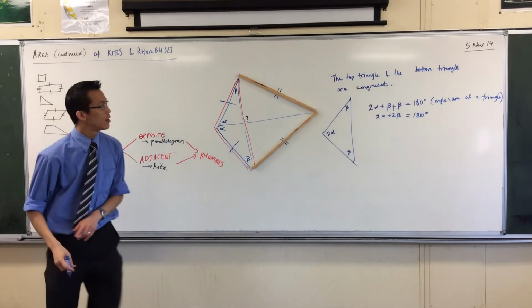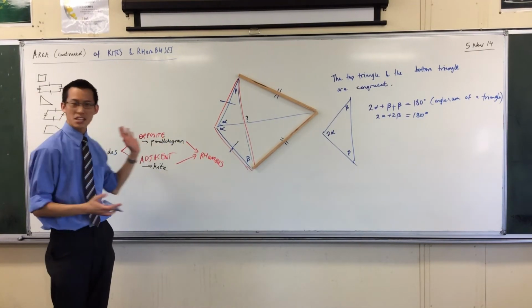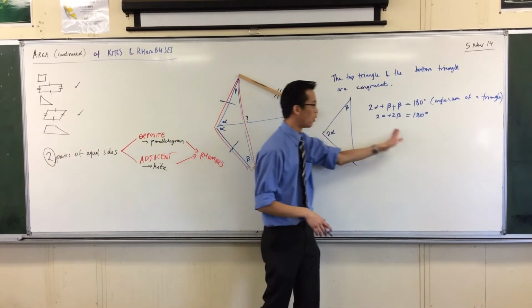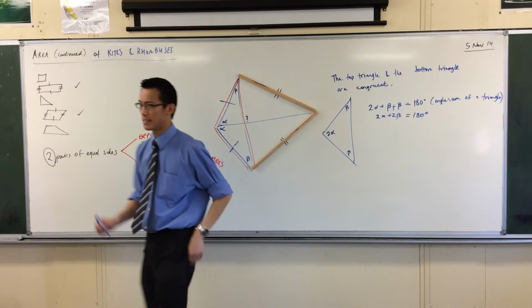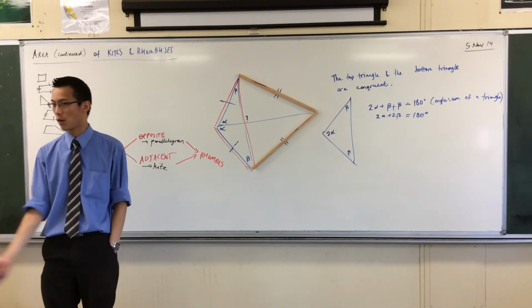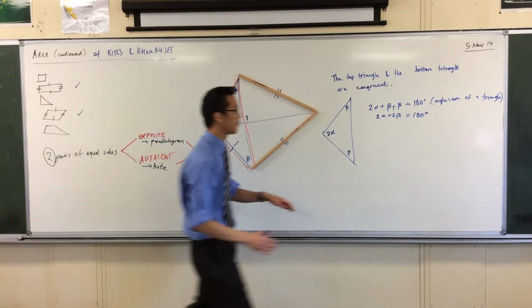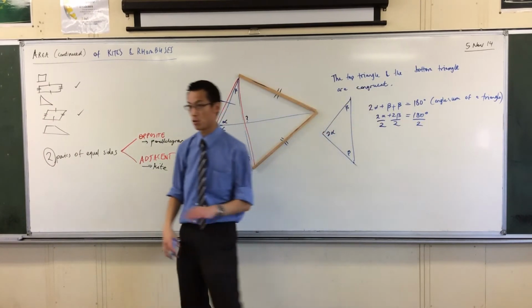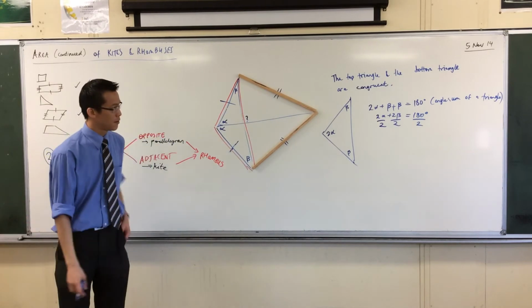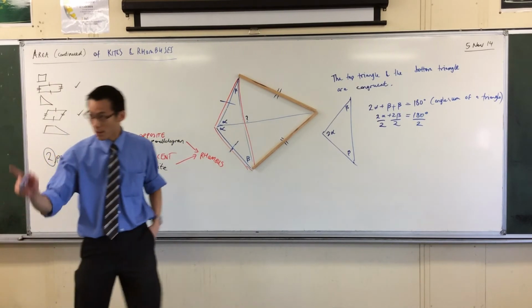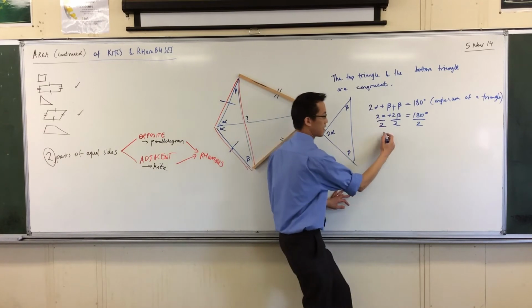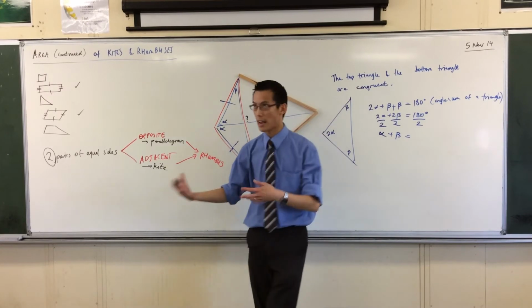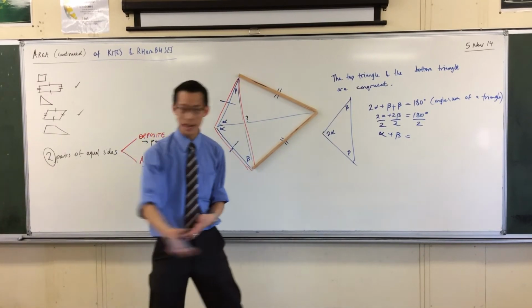So I can divide everything through in this line by the common factor. What do all of these numbers have in common? I can take out a factor of 2, can't I? All those numbers are even. So I'm going to divide this by 2, this by 2, and this by 2. Do the same thing to everything. See what's going on? These 2s are going to cancel, you just get alpha. These 2s are going to cancel, you just get beta. And then 180 degrees divided by 2 is 90 degrees.